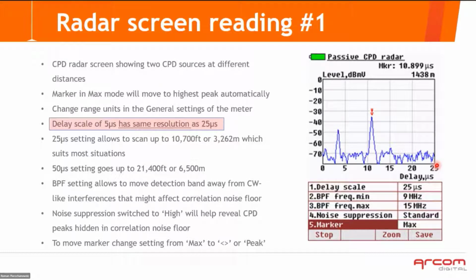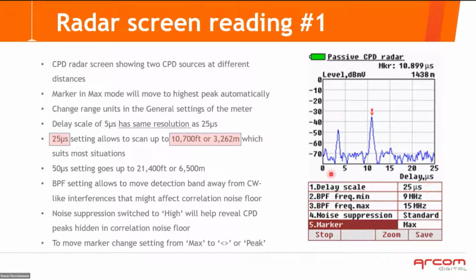This allows you to scan up to 10,700 feet distance of an average coax cable, and it goes through the amplifiers. So if you've got a node where coax can be longer than 10,700 feet, you will switch to 50 microseconds.